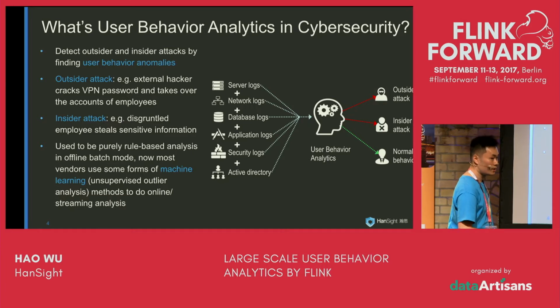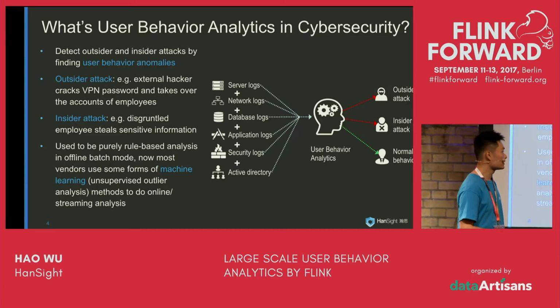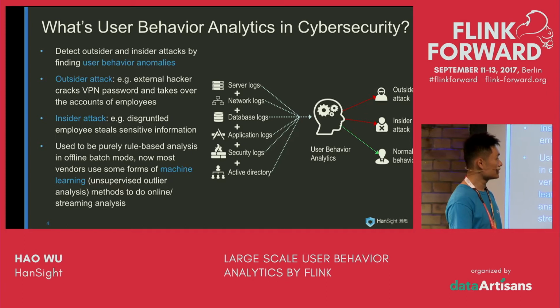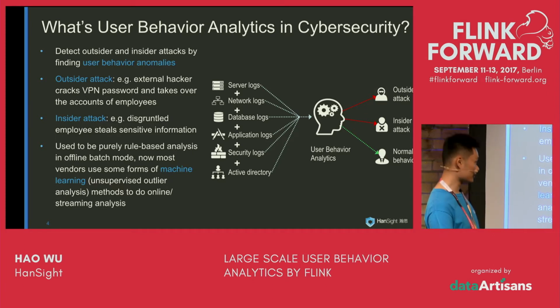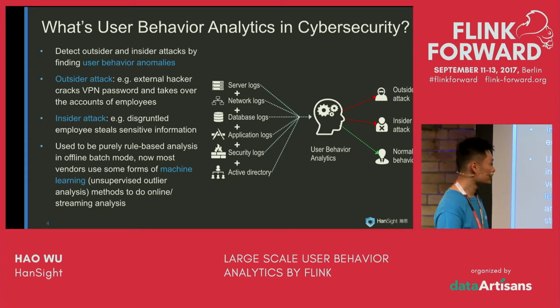It runs with some algorithms and stuff, and then you get outputs. Outputs are basically divided into 3 parts. The first one is outsider attack, the second one is insider attack, and the third is normal behaviors. So we want to find anomalies in normal behaviors.